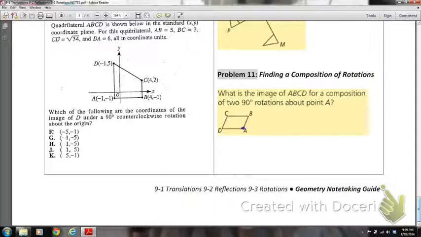If you turn it a quarter of a turn counterclockwise, then you're going to have A and B, and then you're going to have C and D. I should say that that would be A prime, B prime, C prime, and D prime with one rotation. Okay?